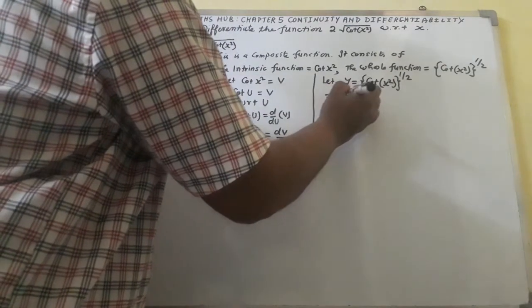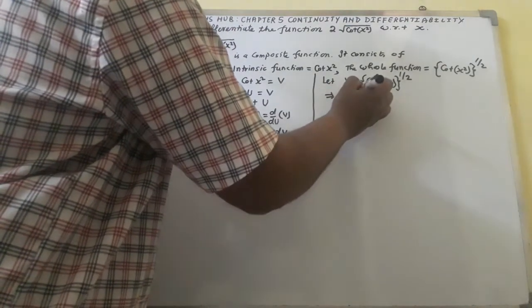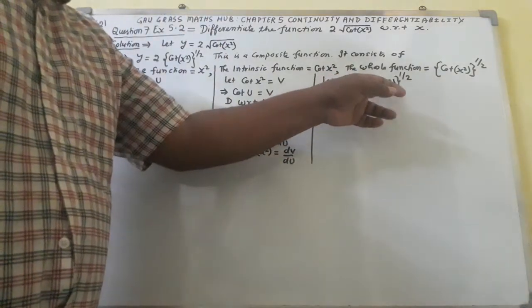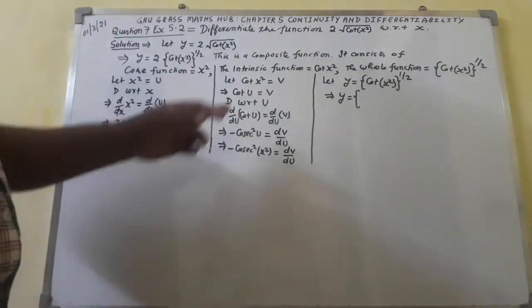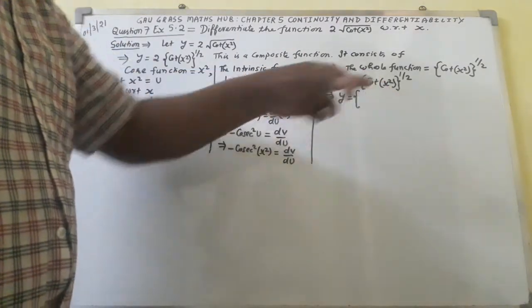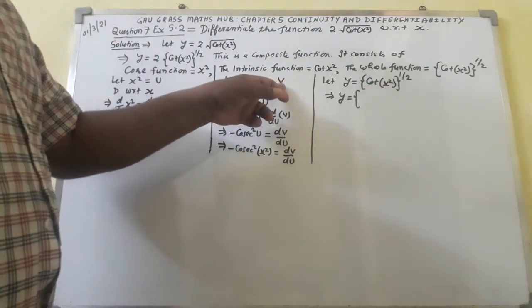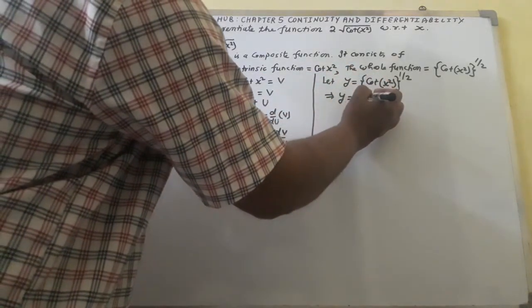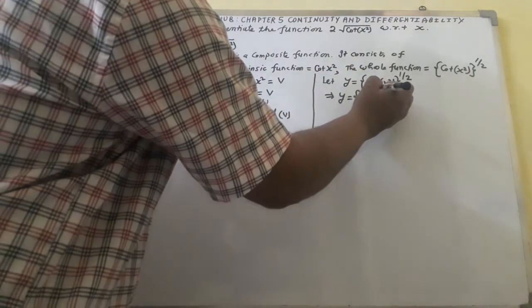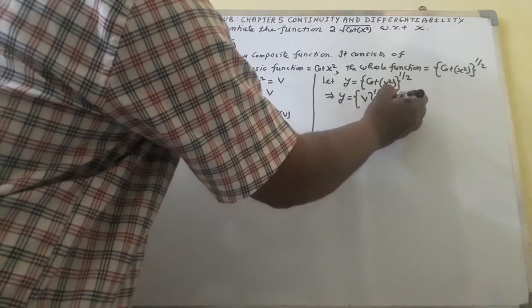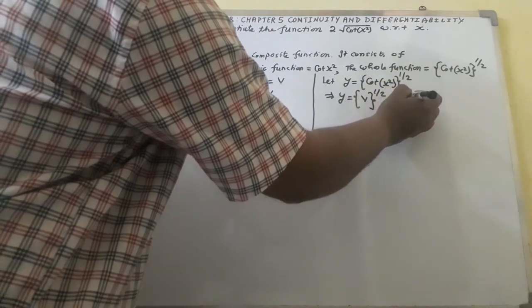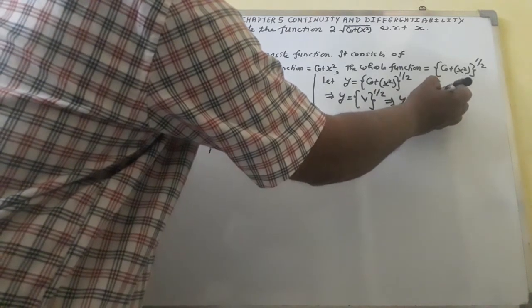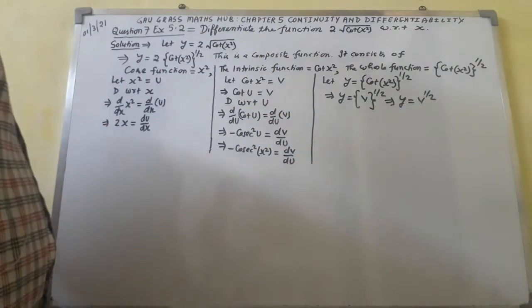In place of cot x square I shall write v, so y equal to v raised to the power 1 over 2.